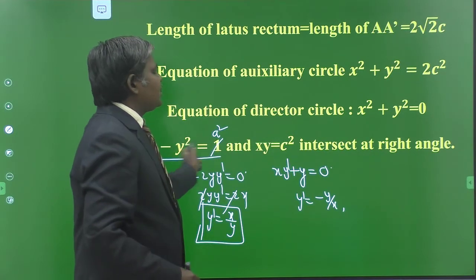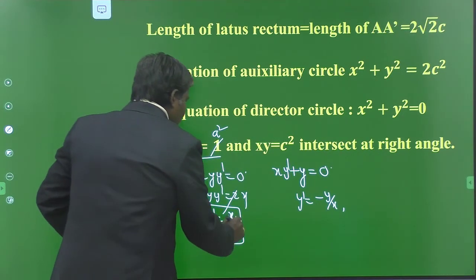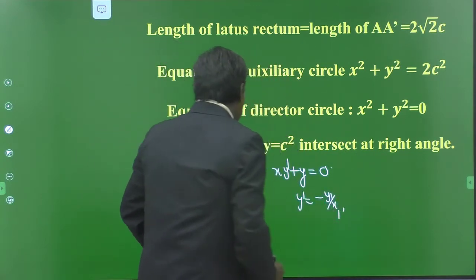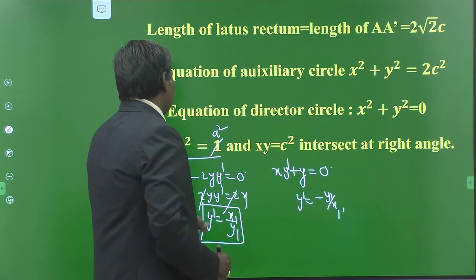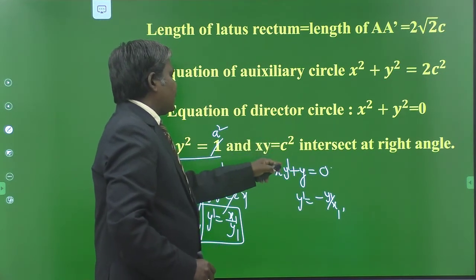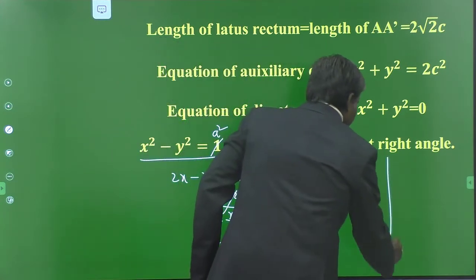Suppose x comma y, or you may take x1 comma y1, is the point of intersection of both curves. So this is the slope at the point x1 comma y1 to this curve, and this is the slope of the tangent at the same point x1 comma y1 to this curve. These are the two curves.